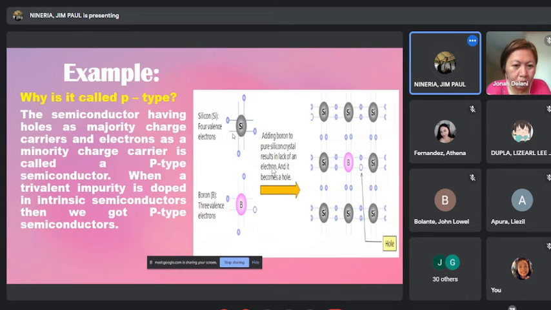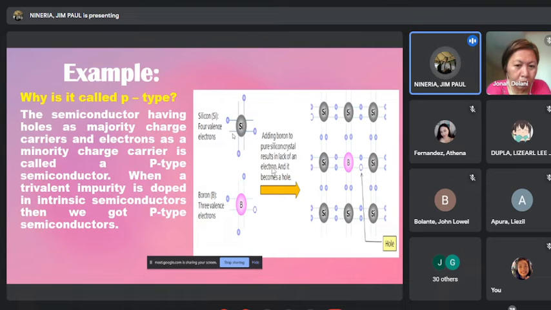Right? Okay. Why is it called P-type? Because it is a semiconductor having holes as the majority carriers, and the free electrons as the minority. Right, so this is our example. Silicon, as we all know, has 4 valence electrons.